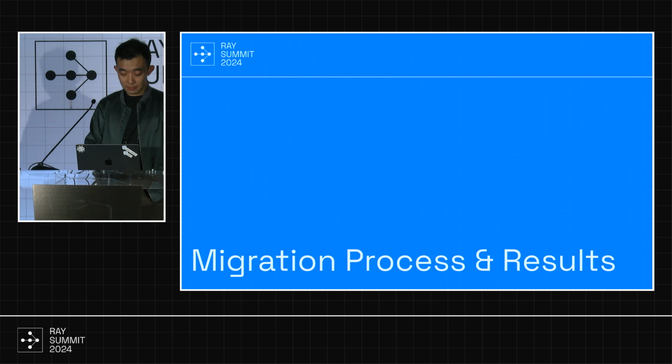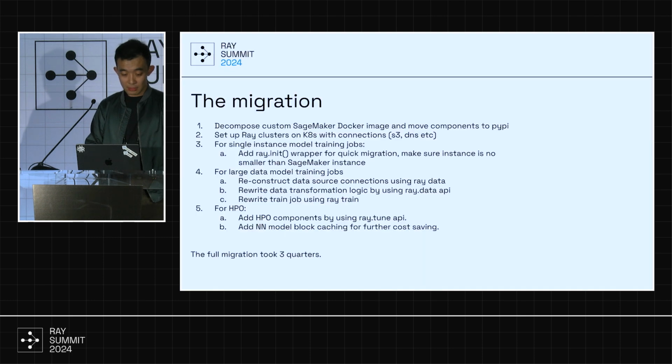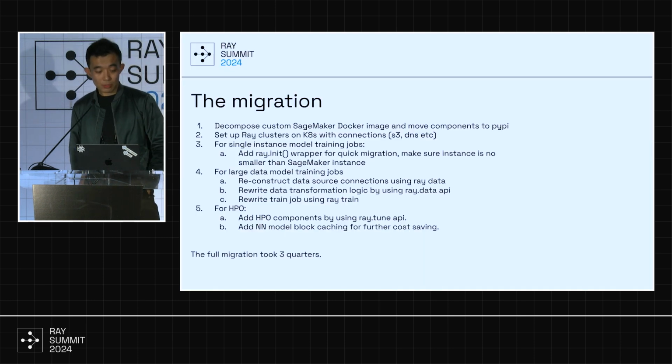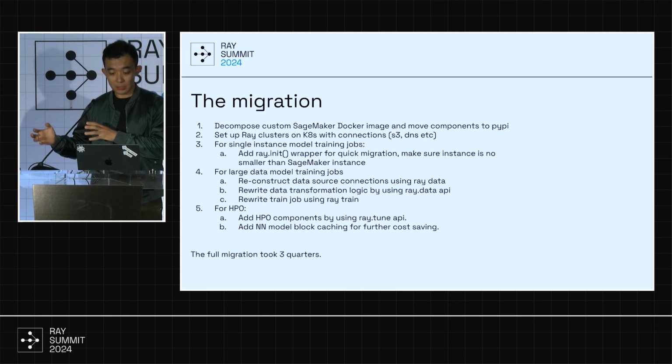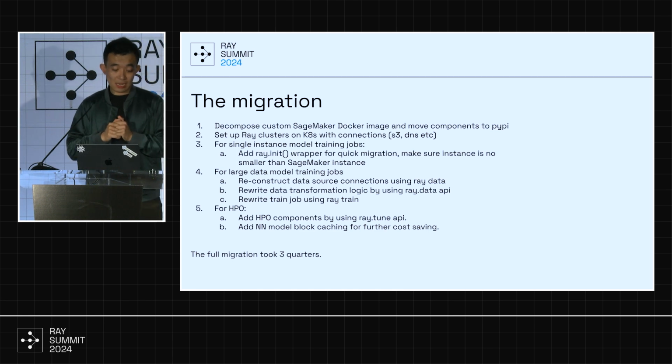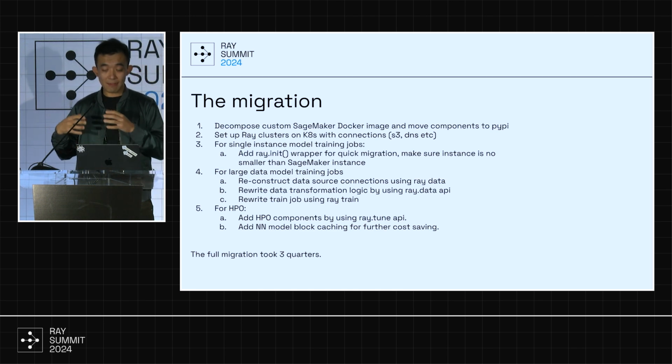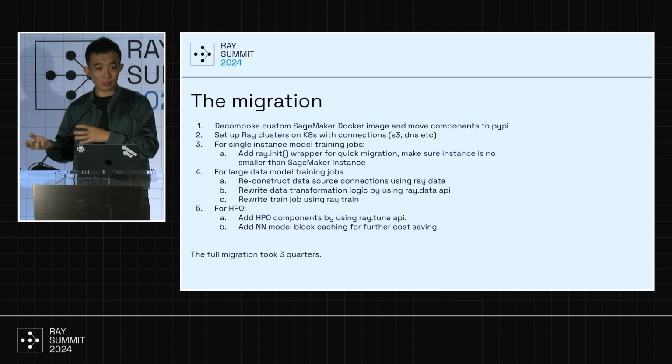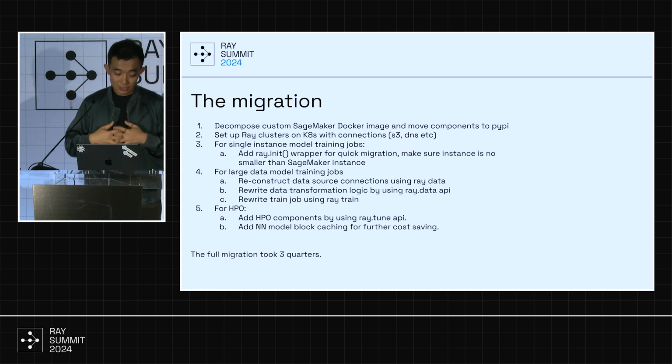Talking about the migration process and results. What we did is decompose our Docker image into multiple components and push them to our internal pipeline. We set up Ray clusters on Kubernetes, and then have all kinds of DNS, S3, private link, whatever connections.